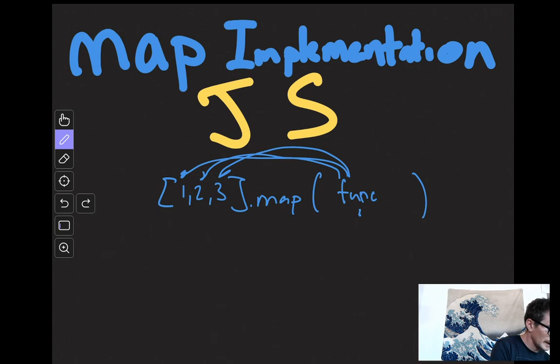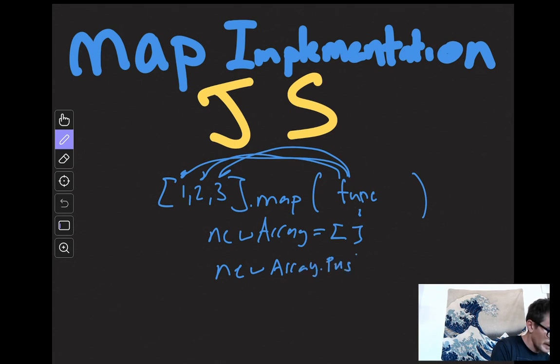In the map, we'd have this new array that was created. We just set it to a blank array. Then we call the function, and really we just do new array dot push, and we push whatever the function returns for the current item.